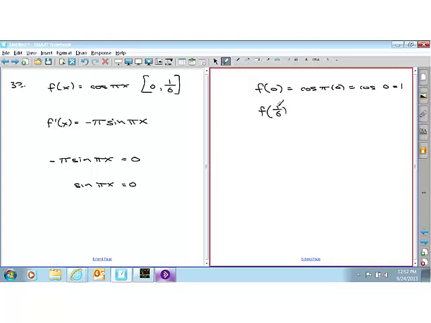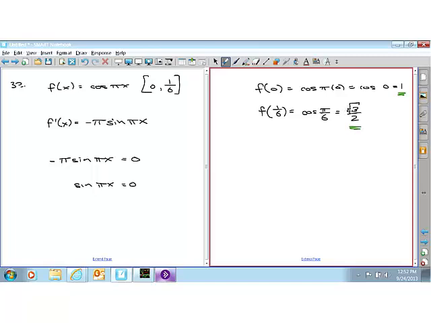Cosine of 0 is 1. And f of 1/6 would be the cosine of pi over 6. And the cosine of pi over 6 is the square root of 3 over 2.